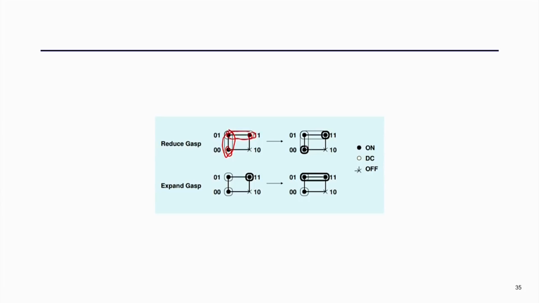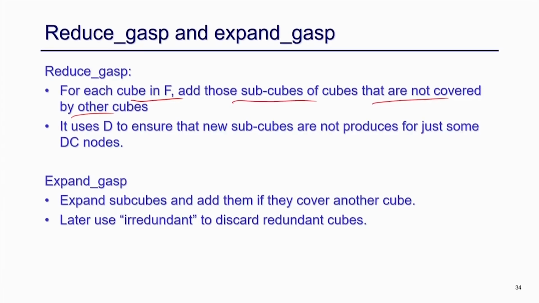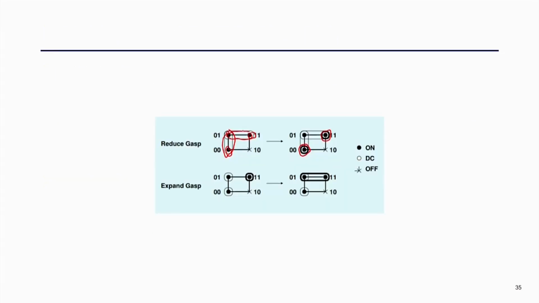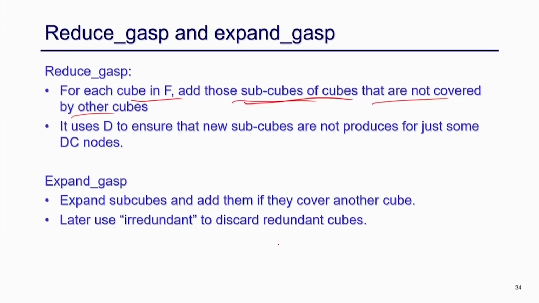So, I am going to add these 2 minterms as the cover, right. I am going to put these as the subcubes in my cover, instead of putting these 2, I am now putting these 2, right, because from there I can do the expansion again. I just try to expand from here, I will get this, right, and so on.